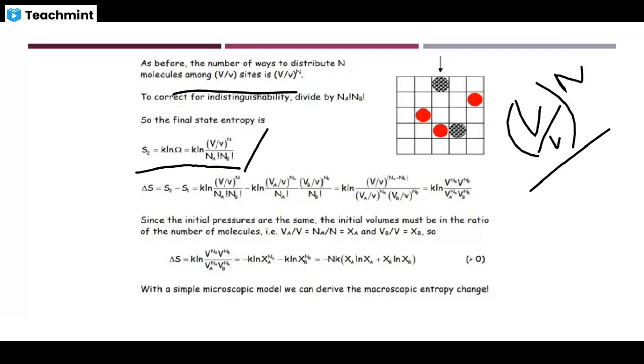For indistinguishable molecules, you should divide by Na factorial and Nb factorial. Delta S is nothing but S2 minus S1. Simplify the result, and you get the same result as classical thermodynamics.